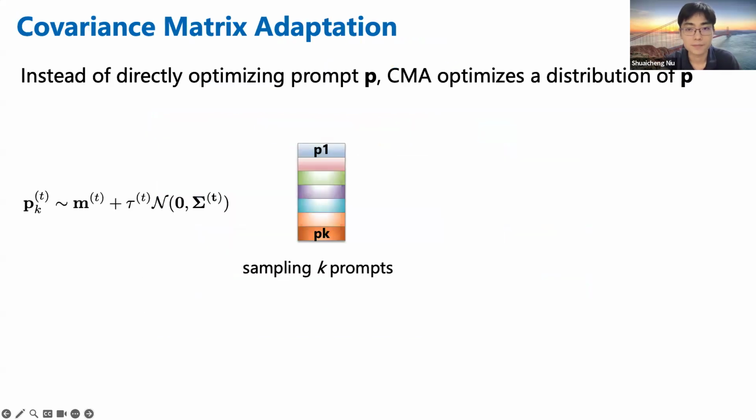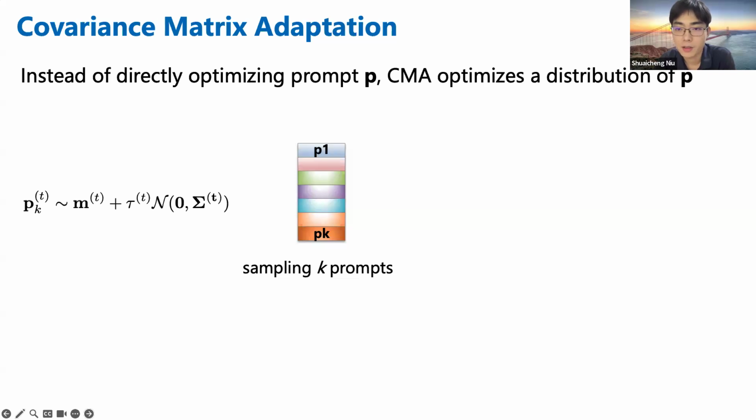So what is CMA? Instead of directly optimizing prompt P as in gradient descent, the CMA optimizes a distribution of prompts to estimate where the optimal prompt should be located. As shown in this figure, CMA first samples K prompts from the estimated distribution.